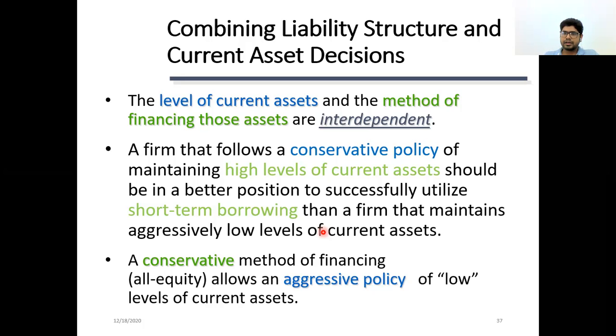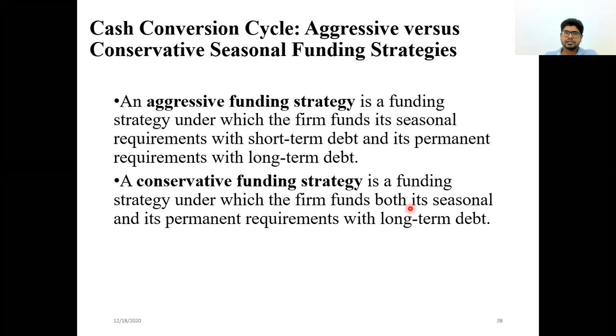A firm with a high level of current assets should be in a better position to successfully utilize short-term borrowing than a firm that maintains an aggressively low level of current assets. And the conservative method of financing, meaning financed by all equity, allows an aggressive policy of lower levels of assets. And cash conversion cycle, aggressive versus conservative. Hereafter we are talking about only two policies.